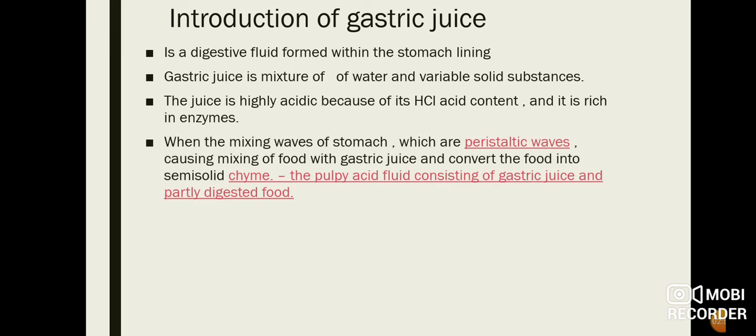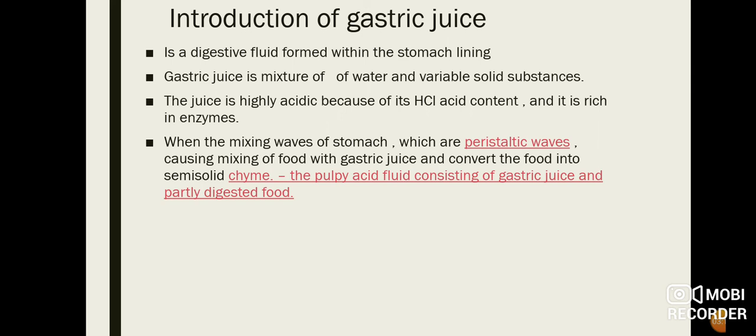And the next one is the peristaltic waves, causing mixing of food with gastric juice and converting the food into semi-solid chyme. Chyme is a pulpy acid fluid consisting of gastric juice and partly digested food. So what is said here is that when we eat food, the food gets mixed with the digestive juices by the peristaltic waves.